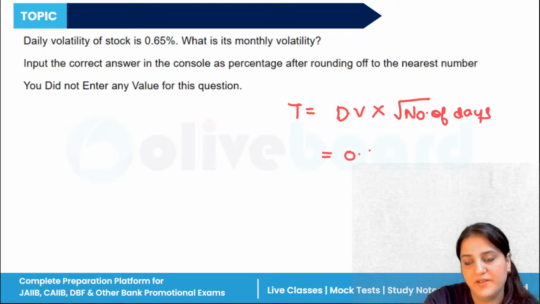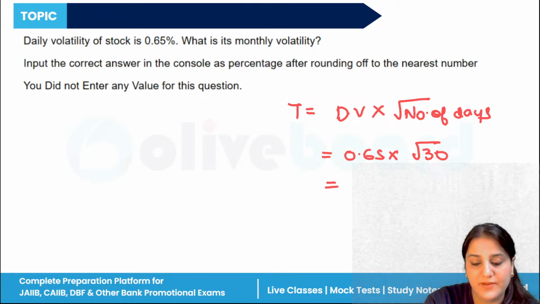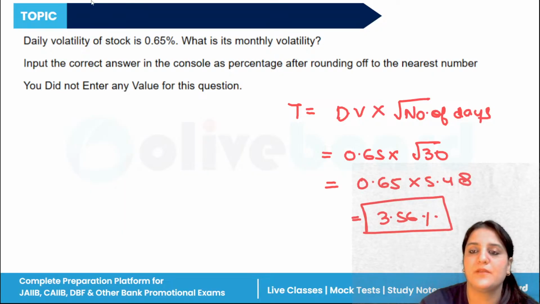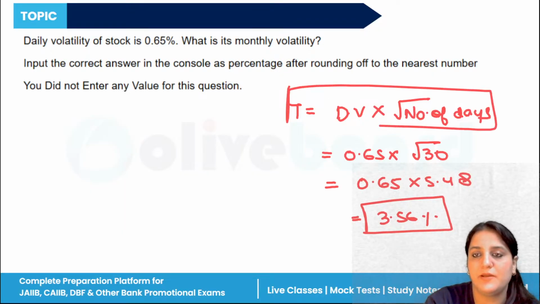So 0.65% multiplied by square root of 30, which is 0.65 multiplied by 5.48, which equals 3.56%. So that is the answer of this question. So most important, this formula.